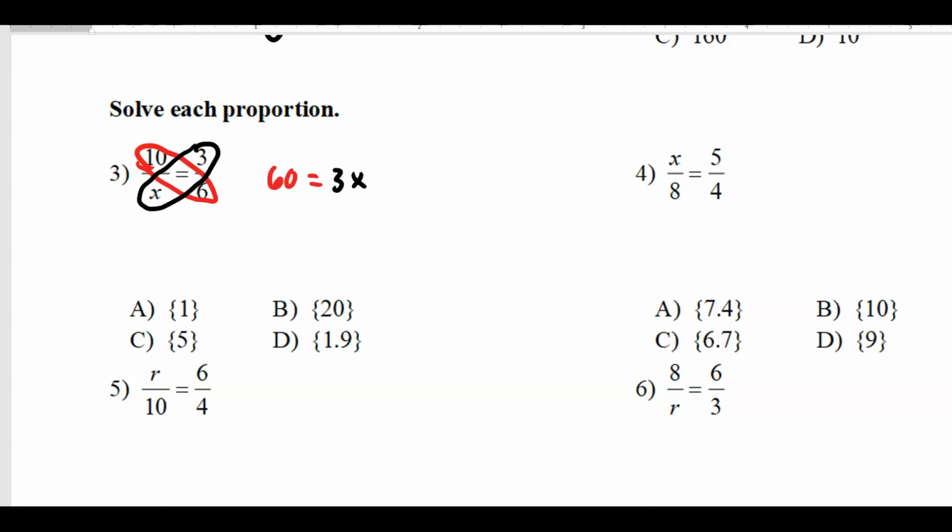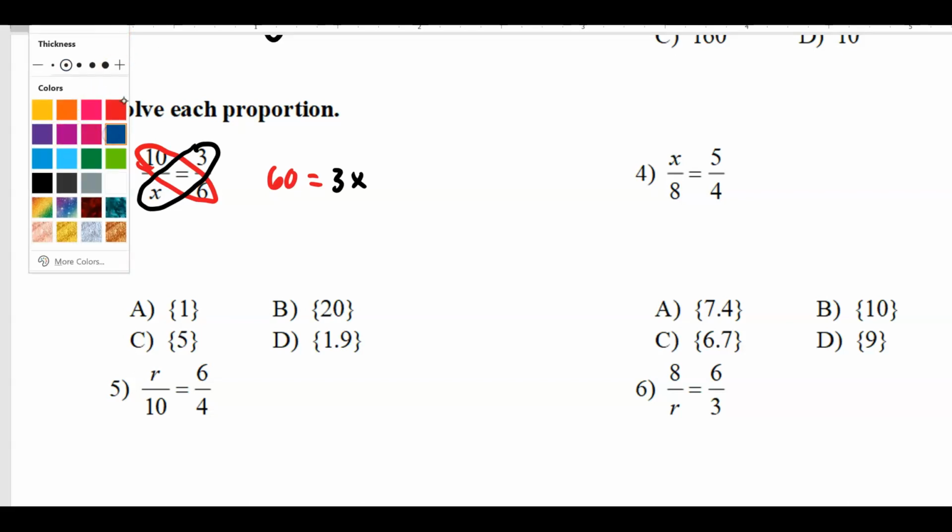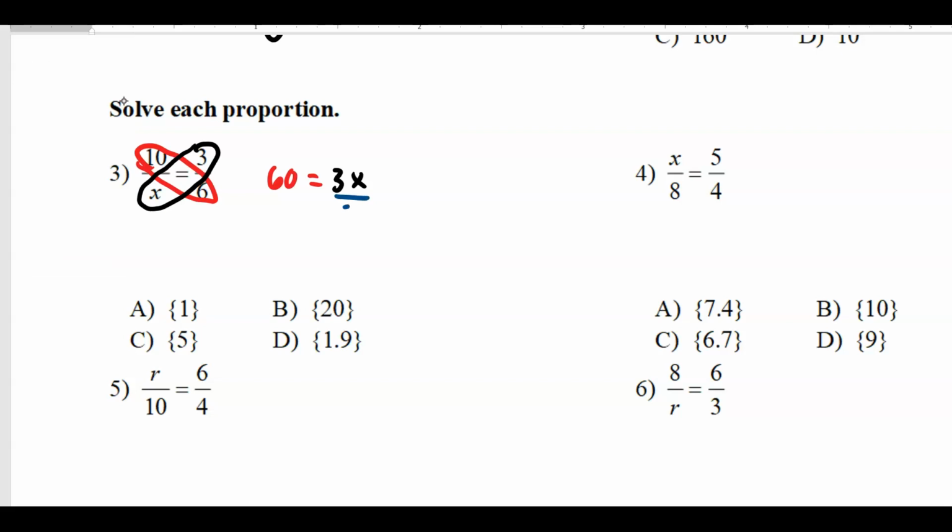So we have 60 is equal to 3 times a number. So now what we're going to do is simply divide both sides by whatever was attached to x. Divide by 3, divide by 3. Well, 3 divided by 3 is just 1, and 1 times anything is that thing. So we just get left with x is equal to 60 divided by 3, and you can use the calculator, which is 20.